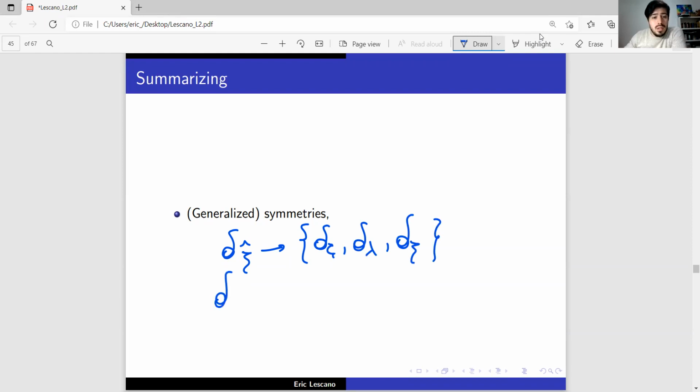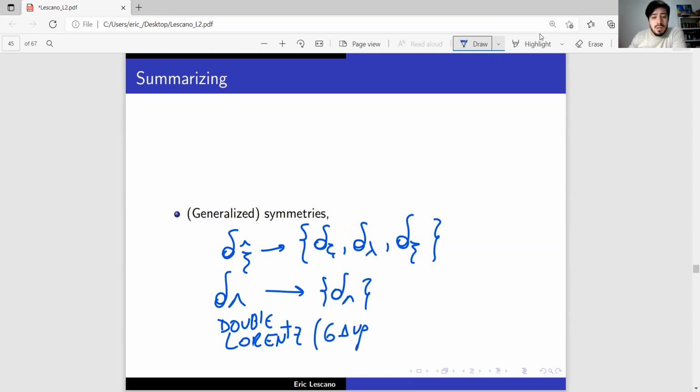And we have double Lorentz transformations, that reduce to the ordinary Lorentz symmetry, but we have some gauge fixings here. In this case, these are the symmetries: generalized diffeomorphisms and double Lorentz transformations.